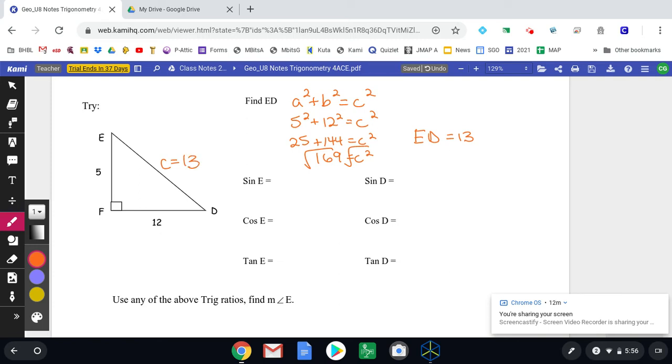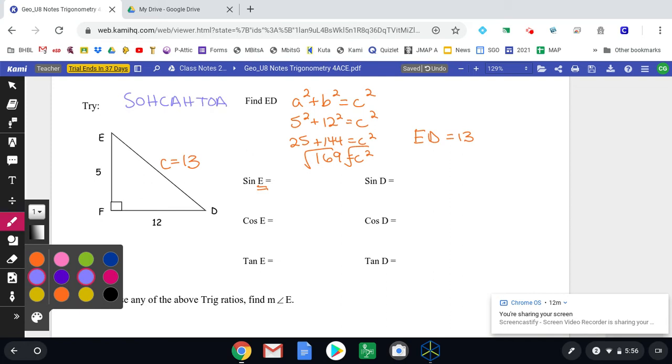So if I'm looking for the sine of E, again, it's helpful to write SOHCAHTOA right there on your page. I'm looking for my opposite over my hypotenuse. So if E is here, my opposite, 12 over 13.